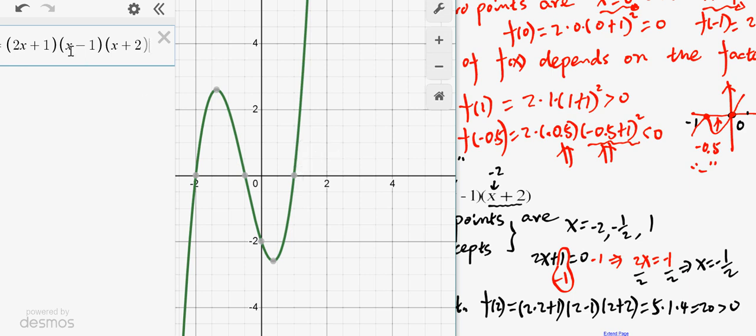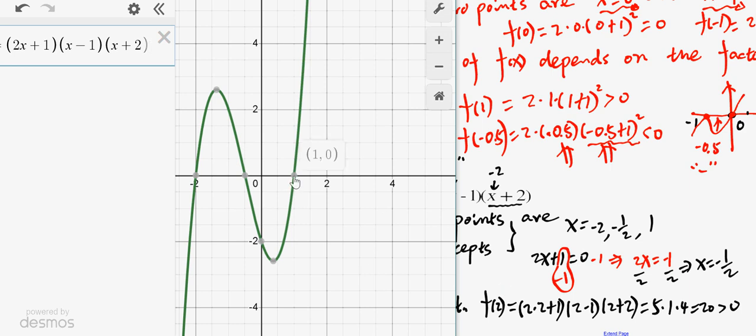You plug in 1.1 here. 1.1 minus 1 is 0.1. The rest of this, 2.1 here. And here is 2 times 1.1 plus 1. So as long as you get a point greater than 1, which is positive, you get all positive. So that's why 2 is called a testing point.